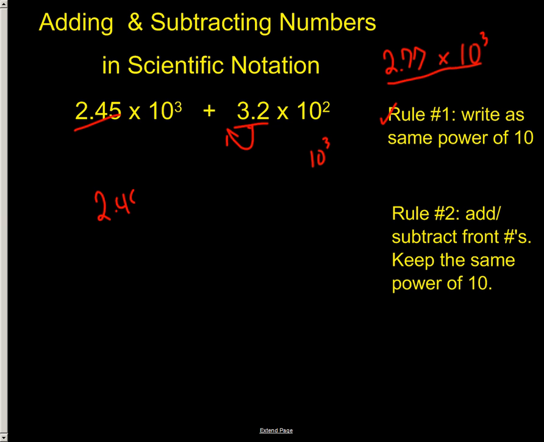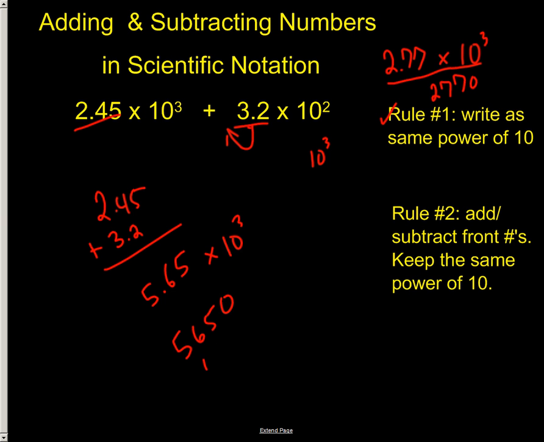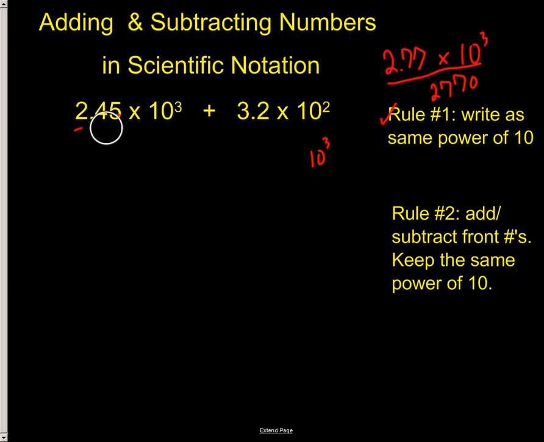And 2.45 added to 3.2 gets us 5.65. And if we call it 10 to the third, or even if we call it 10 to the second, well, I'm sorry, we don't want an answer of 5,065. We want an answer of 2,770. So it doesn't let us get the correct answer by adding the front numbers or subtracting the front numbers unless they have the same power of 10.